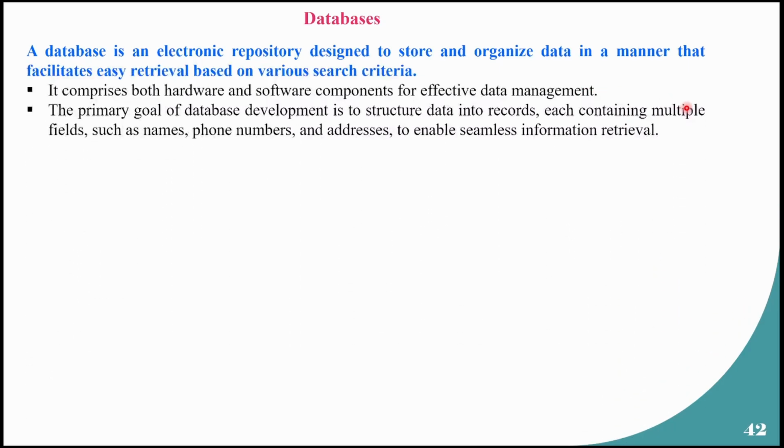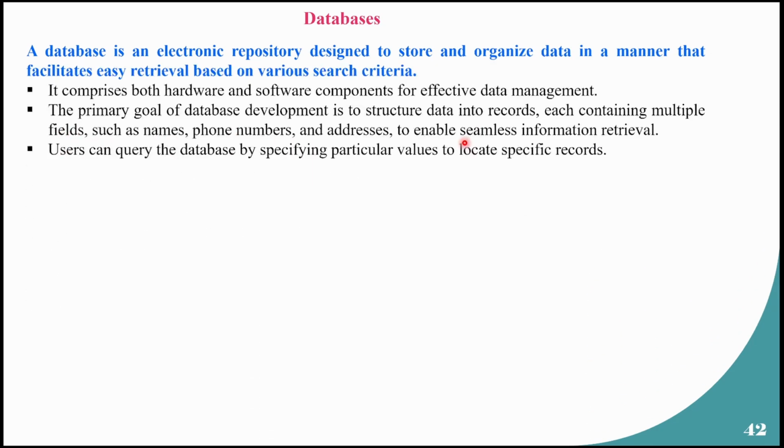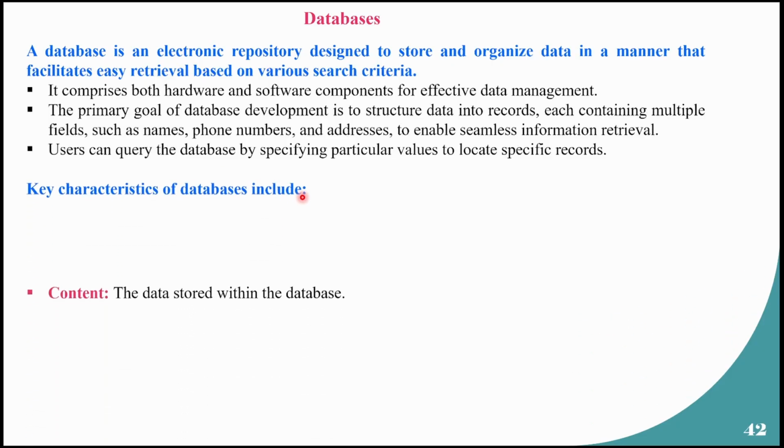It has both hardware and software component for data management, and the goals are basically to structure data into records, and each contains multiple fields. For example, names, phone numbers, addresses, different kinds of fields can be there. And when you want to retrieve some information, you can use something called a query to the database to retrieve the specific values or specific records there, right?